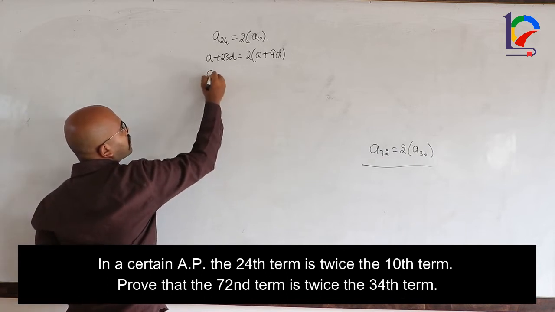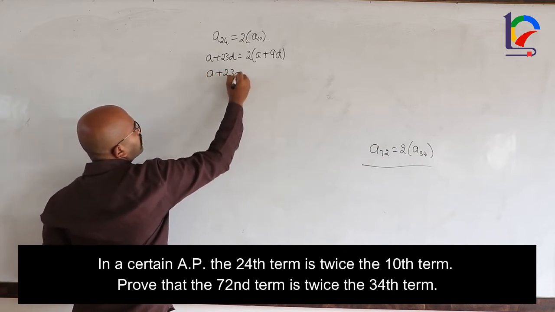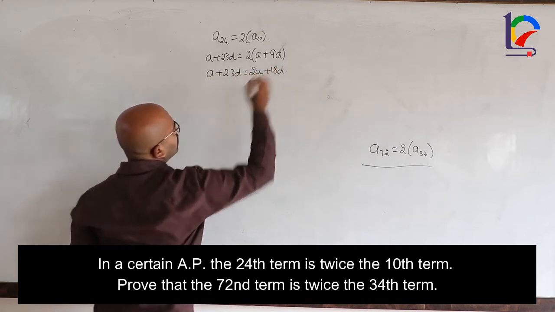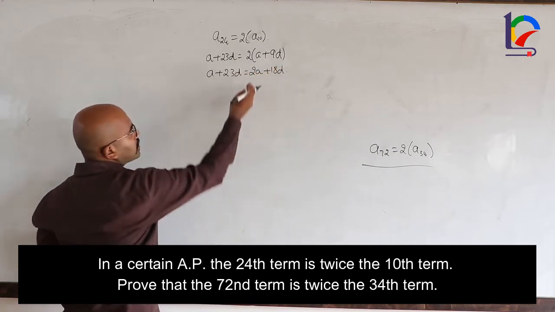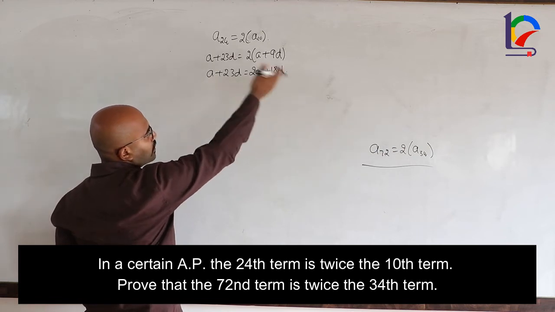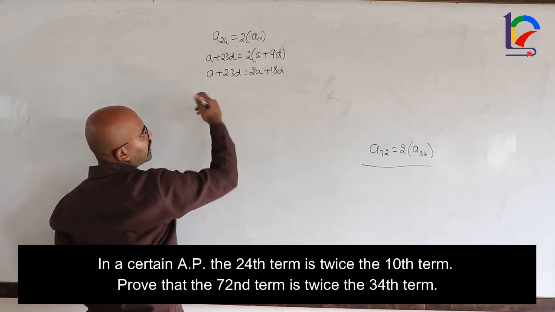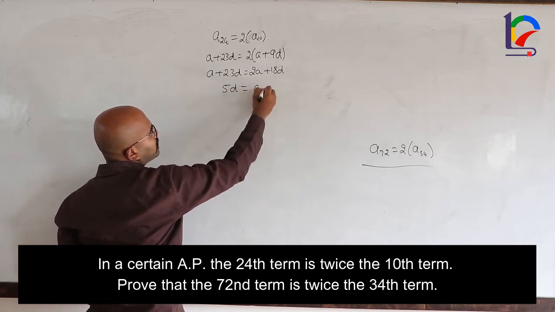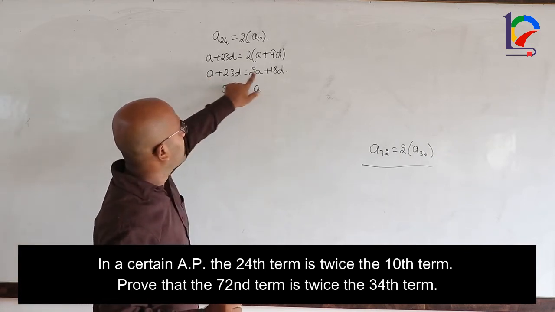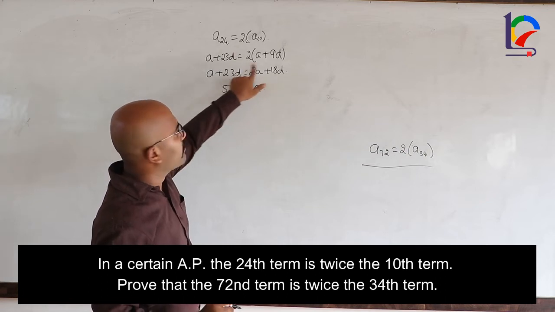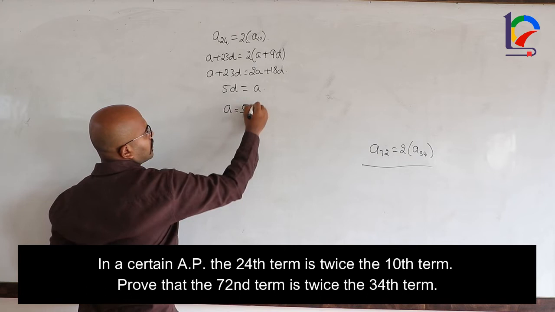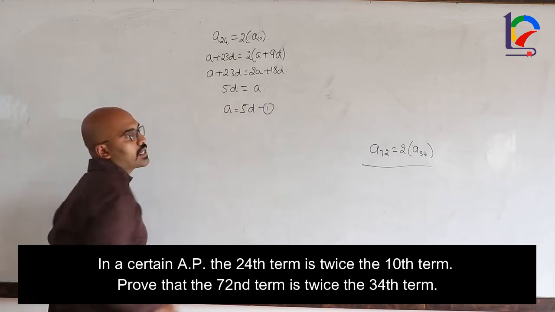So a plus 23d is equal to 2a plus 18d. So take a to the RHS and 18d to the LHS. So 5d is equal to a, because 2a minus a is a, 23d minus 18d is 5d. So a is equal to 5d.